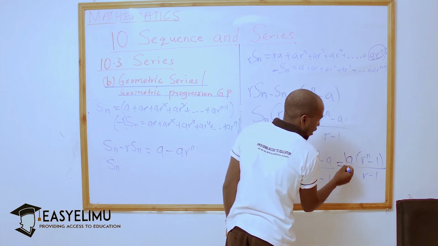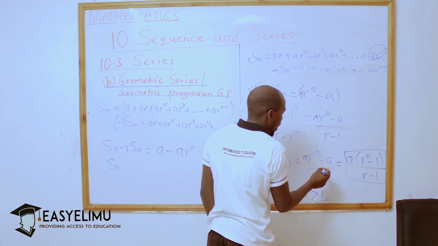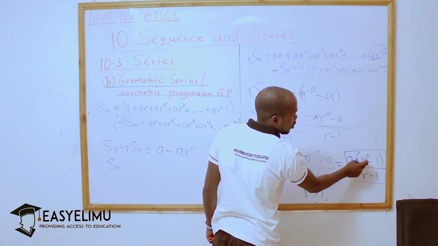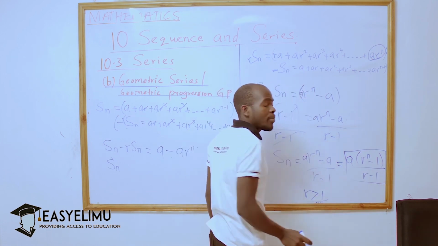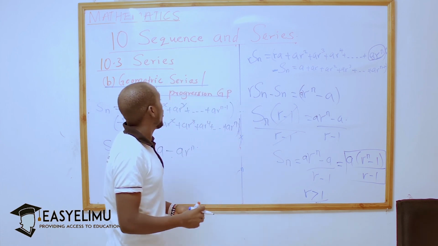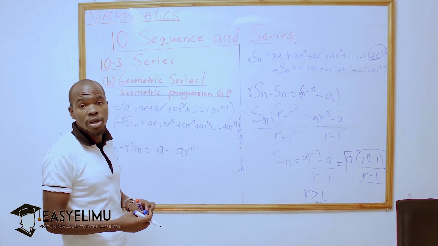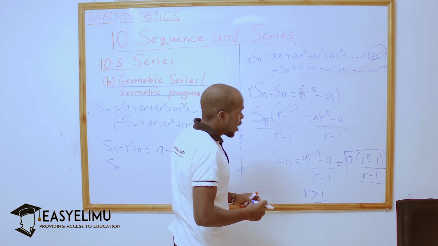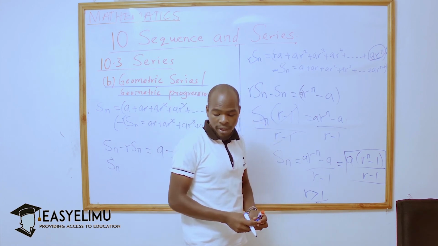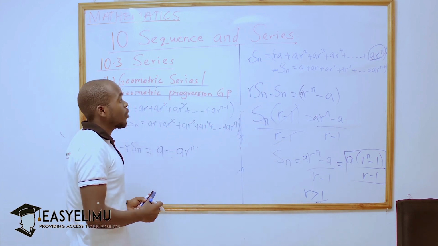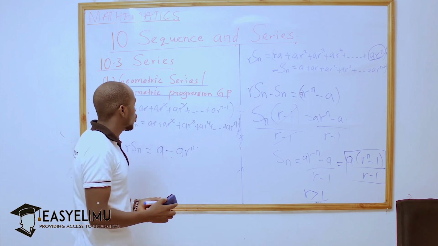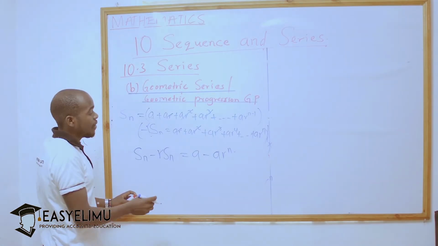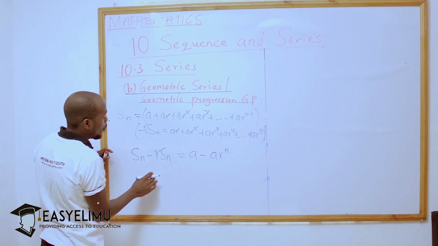So this formula, Sn is equal to A into Rn minus 1 over R minus 1, is the formula for finding geometric series or geometric progression when R is greater than 1.